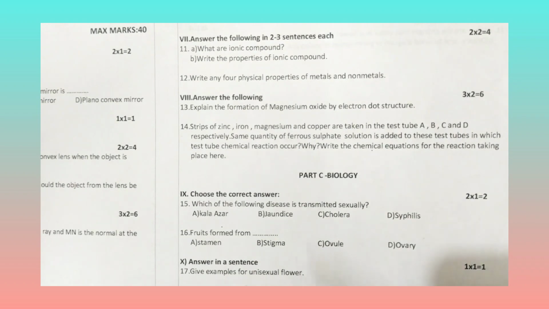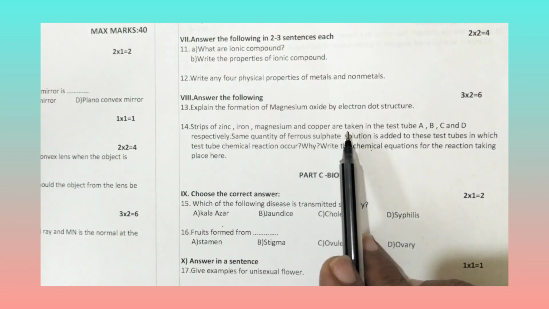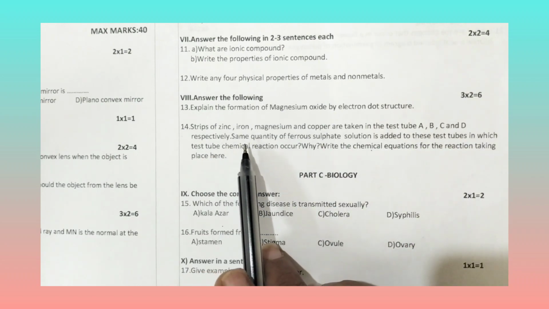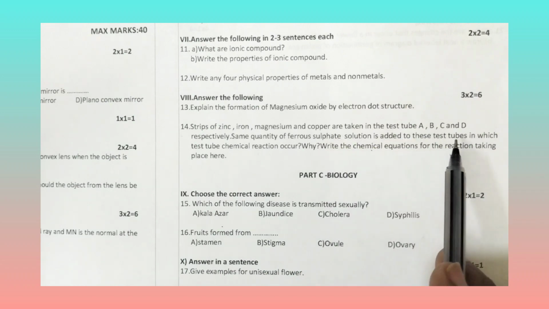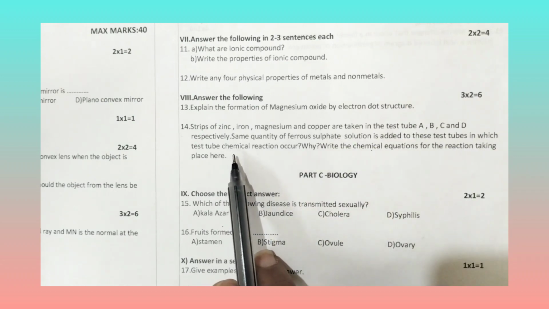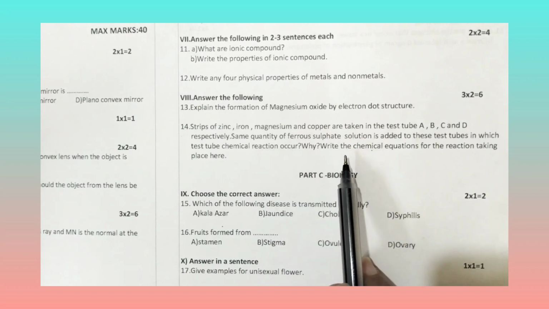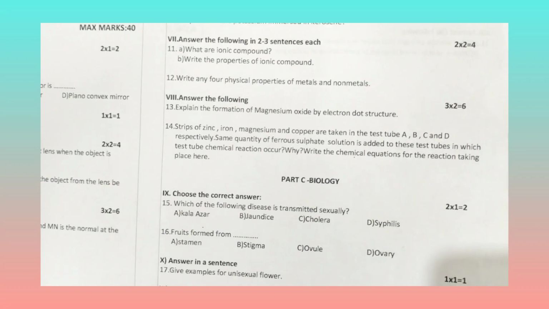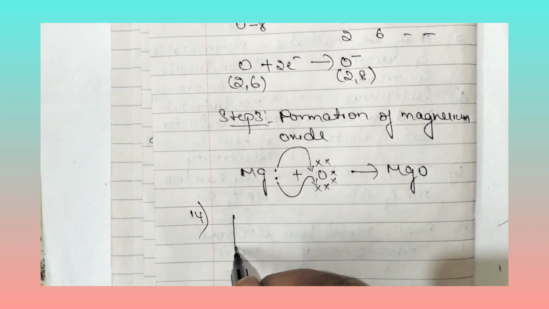In question number 14, strips of zinc, iron, magnesium and copper are taken in test tubes A, B, C and D respectively. The same quantity of ferrous sulfate solution is added to these test tubes. In which test tube does a chemical reaction occur? Why? Write the chemical equation for the reaction taking place. So they have taken four solutions.